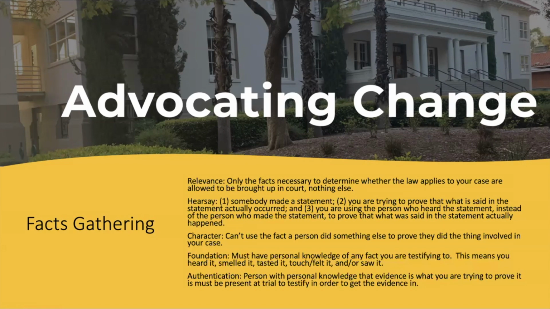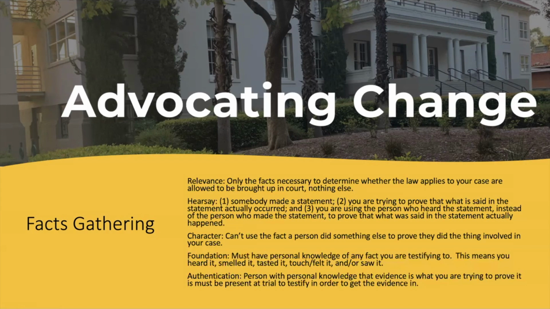The third bit of evidence we're going to talk about is character evidence. You cannot use the fact that a person did something in the past to prove that they did a particular thing involved in your case, okay? Just because I hit a home run in Game 7 of a season does not mean I'm also going to hit a home run in Game 30 of a season.